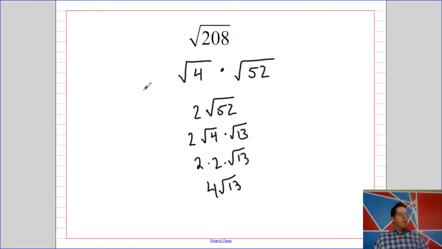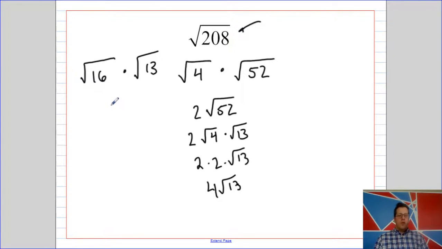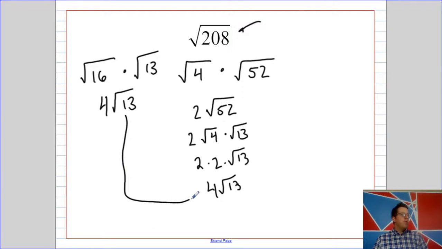Now, a faster way to go about this is if you happen to know that this number, the radicand, is divisible by 16. So if you happen to know that 208 is 16 times 13, then you can get to the correct answer in many fewer steps with fewer chances for error.